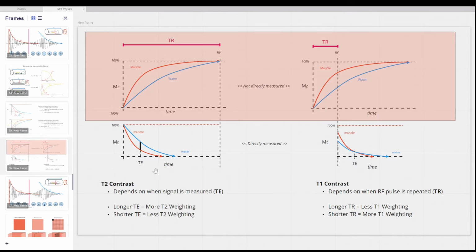And by adjusting our TE when we measure our signal, and by adjusting the TR, which is how frequently we turn that RF pulse back on again and repeat the whole thing, we can choose whether we want to weight our image more towards T1 or more towards T2.